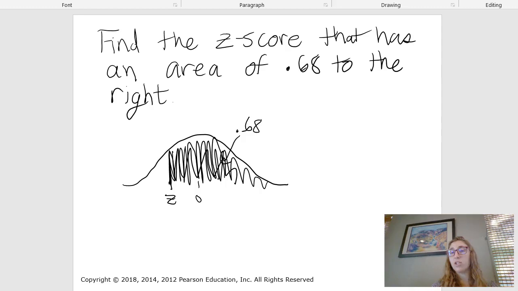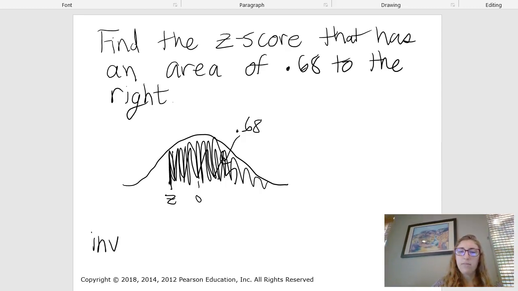Okay, so our z-score should be negative. All right, so we're going to use our invnorm here because we are looking for a z-score. If you're a lucky person and you have the new operating system, you could enter 0.68 here and select right. For the rest of us, we need to enter the area to the left. Okay, so how do we find the area to the left?